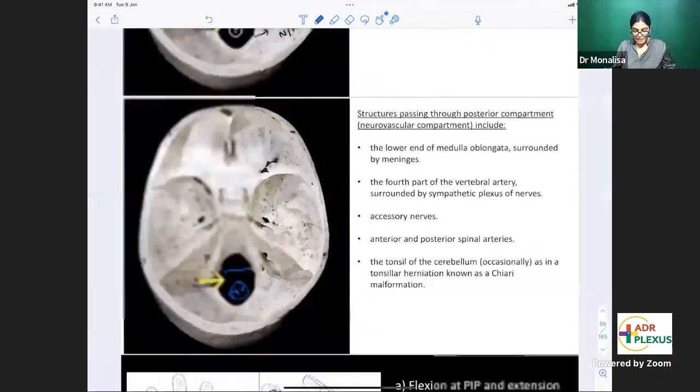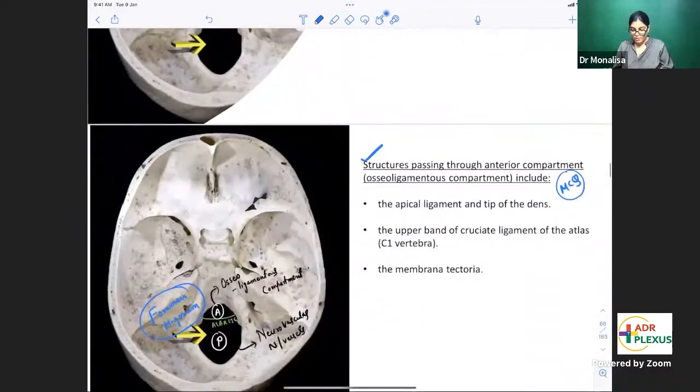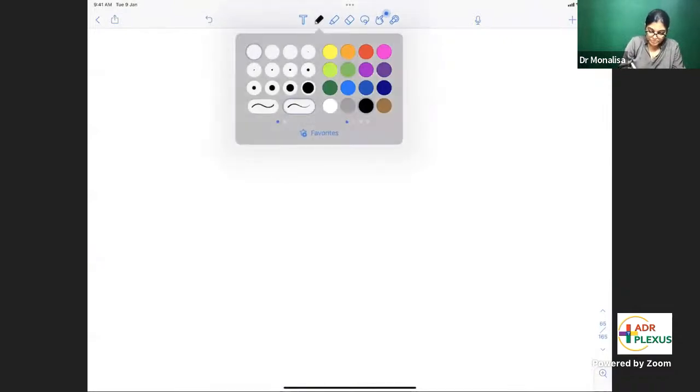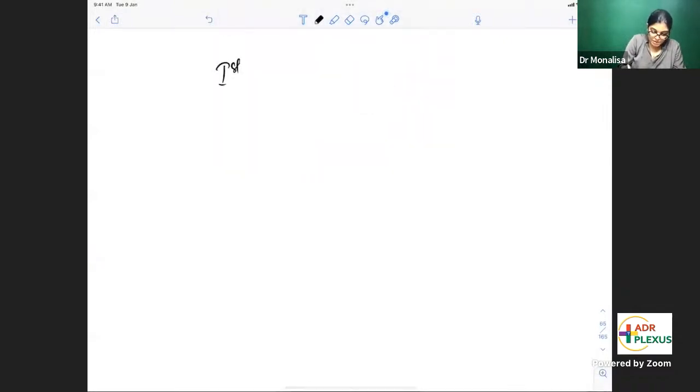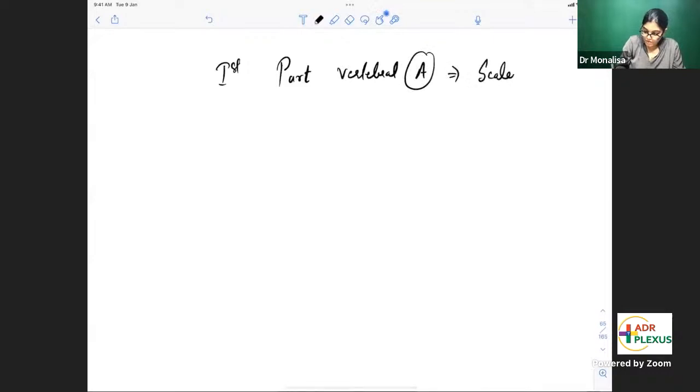Now please note down, this just came into my mind. Please write down. The first part of vertebral artery passes through the scaleno-vertebral triangle.